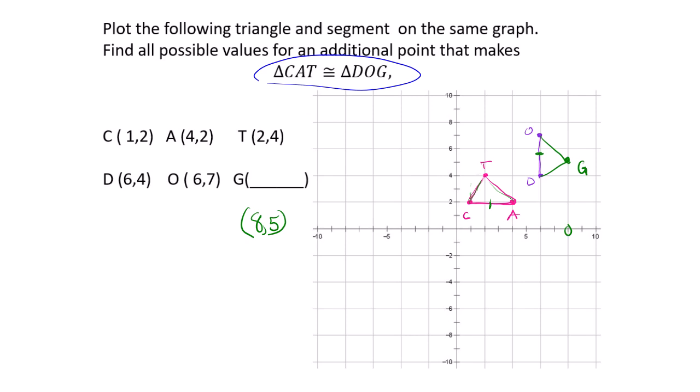I could go left 2 and up 1. That would give me the same length as this, right? And then connect the other dot. So the coordinates of that would be 4, 5, right? So 4, 5 would be the other possibility.